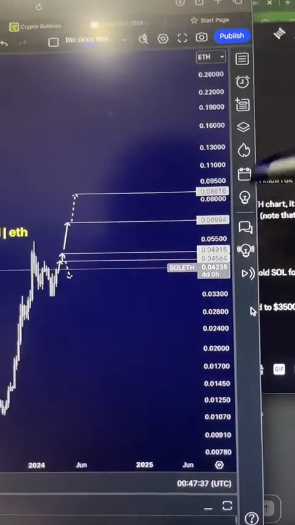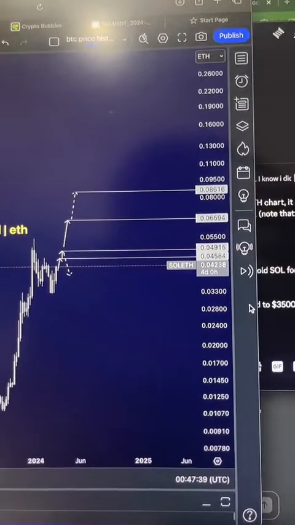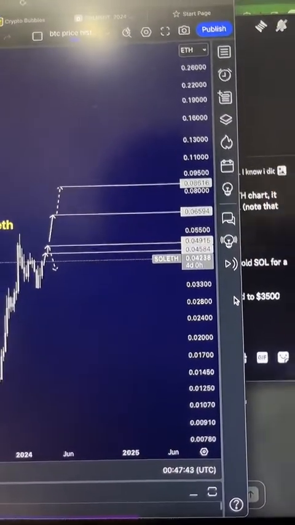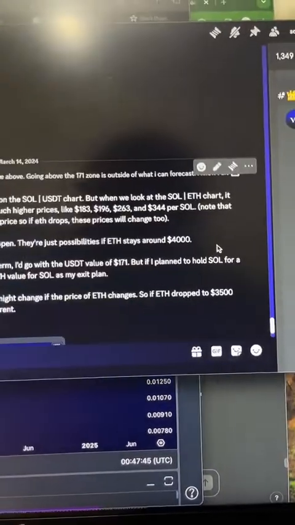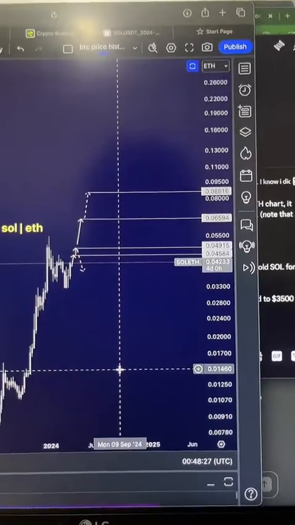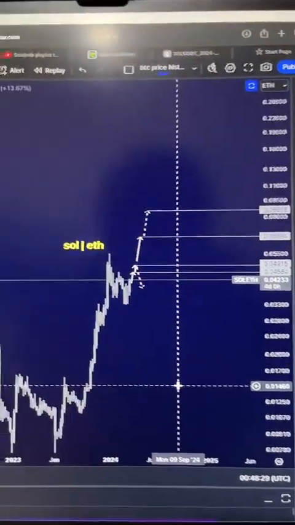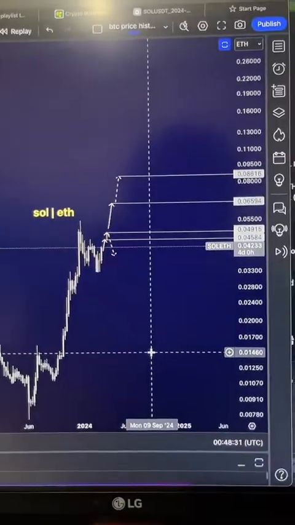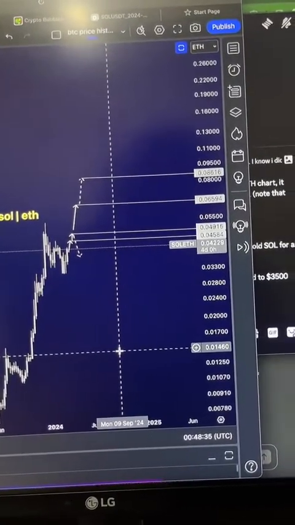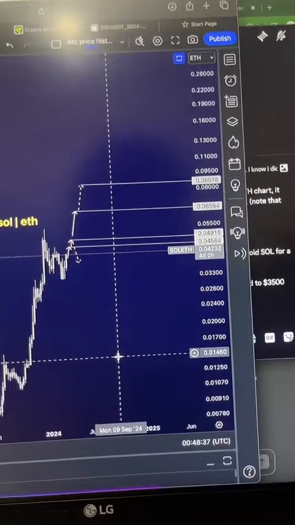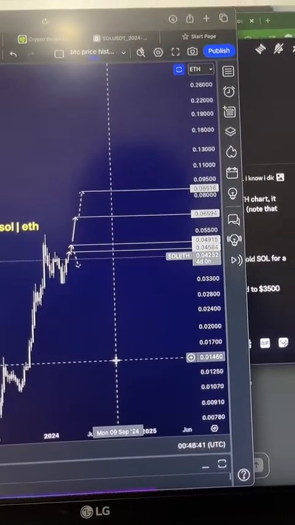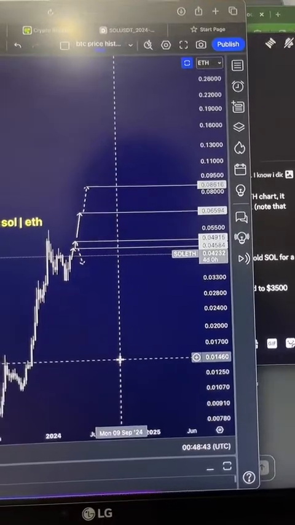Note that if Ethereum actually changes its USDT value, its dollar value, then this will not be worth these values right here in USDT terms. It's the same reason why when Bitcoin goes up, all altcoins tend to go up. It's because their value in Bitcoin terms is worth more when translated to dollars. So it's not always because people are actively buying those altcoins.